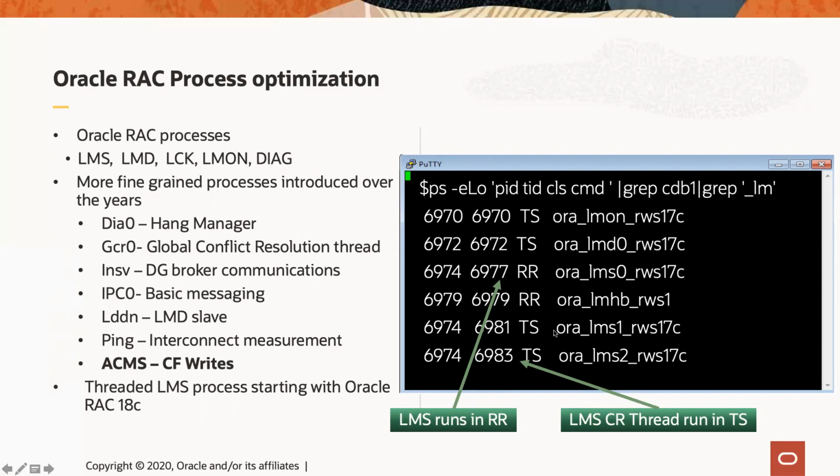You could see that the LMS itself is running in real time and some of the threads are running in timeshare. Why this optimization? Because we found there's no point in adding more and more LMSs running in real time. What we need is the LMS to run in real time and the CR threads, or what we call LMS CR threads, to run in timeshare.